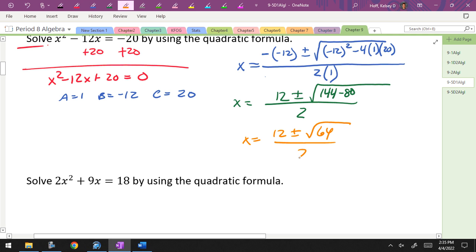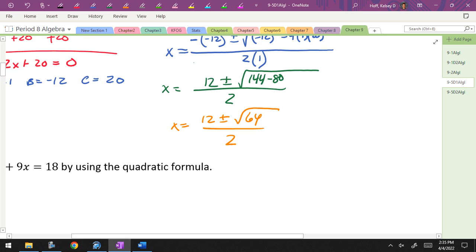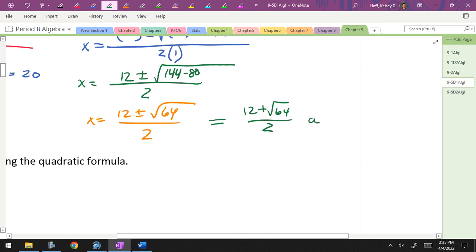64. All over 2. Now, just like when we were graphing with parabolas, you're going to have two answers, hence the plus or minus. At this point, this breaks into 12 plus the square root of 64 divided by 2, and 12 minus the square root of 64 divided by 2. Now, what is the square root of 64? 8.